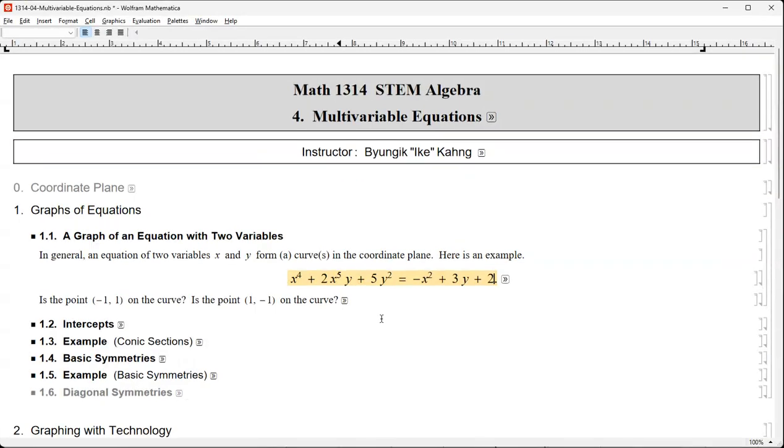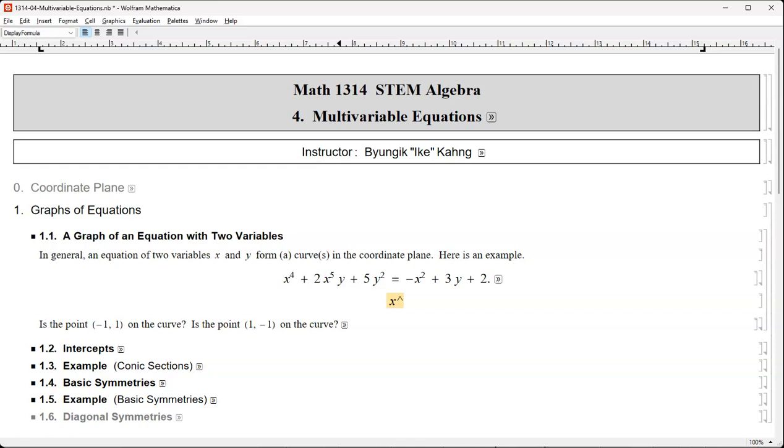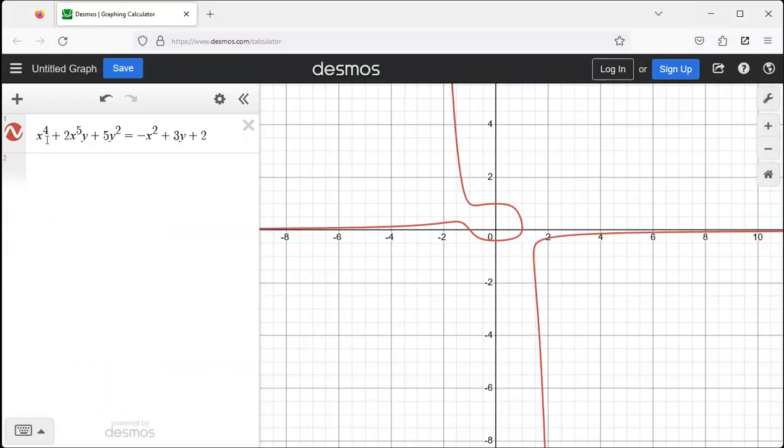In Wolfram, if you use Shift 6, you're going to get that: 2x Shift 6, 5, and then y plus, and so on. But if you write like this in the Desmos Graphing Calculator app, then it automatically makes it into a power. And then if you want to go down, you use the right arrow to move down.